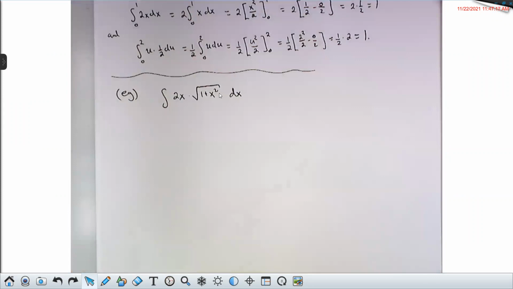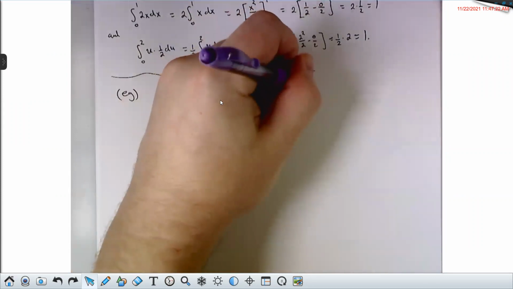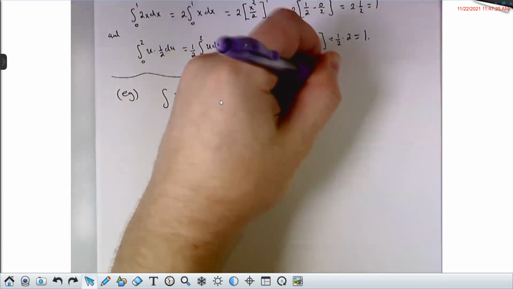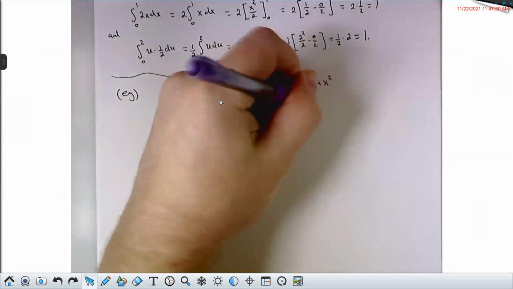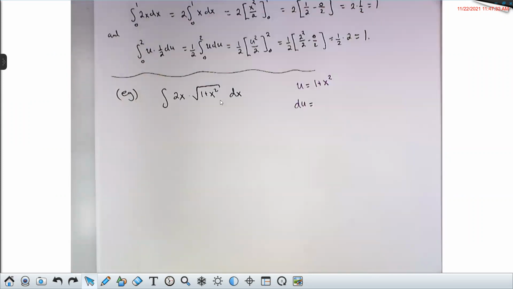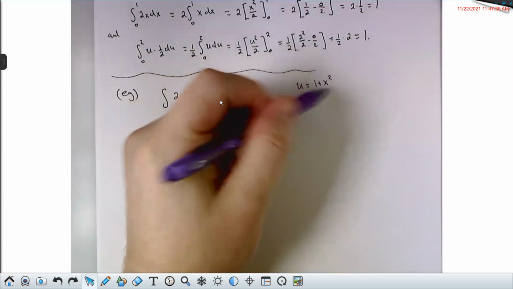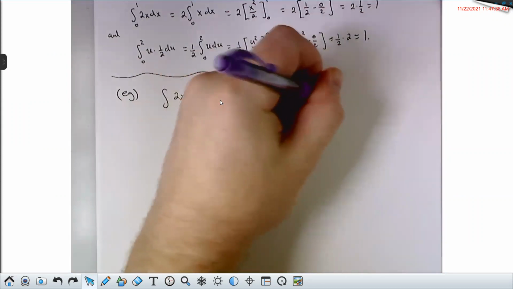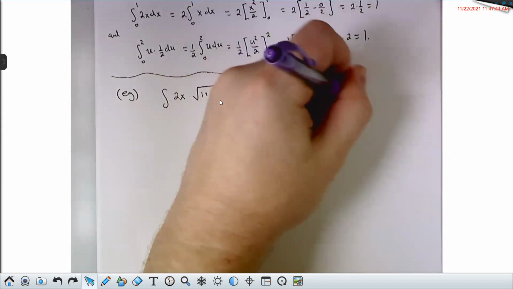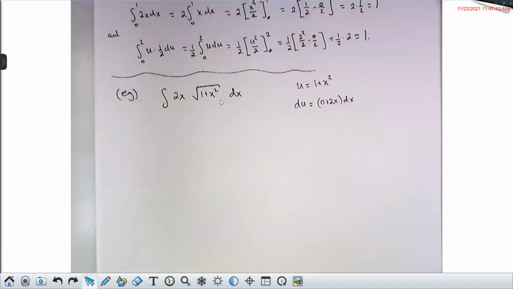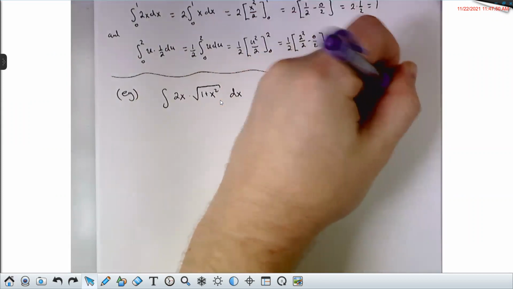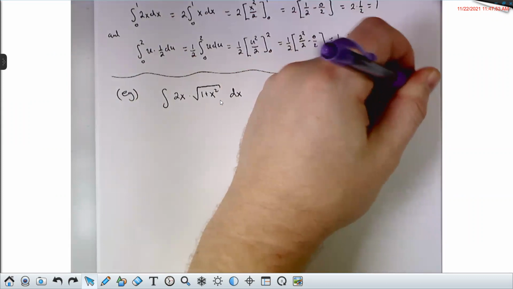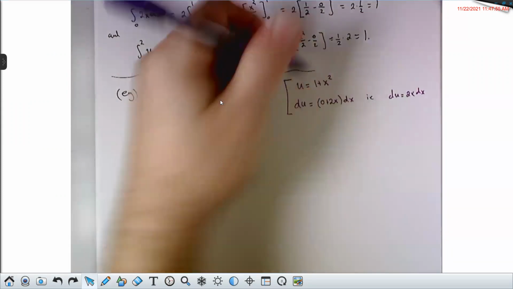And the way we're going to do this is by relabeling the inside of the square root as u. We need to describe the relationship between du and dx. Well, we take the derivative over here. This is 0 plus 2x dx, i.e. du equals 2x dx. I like to put all the stuff for my substitution in a little box.